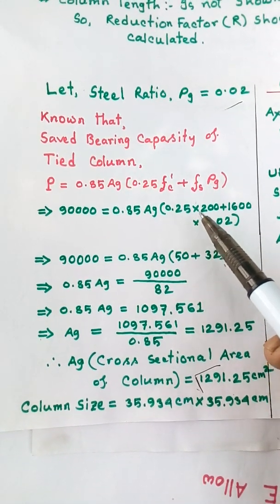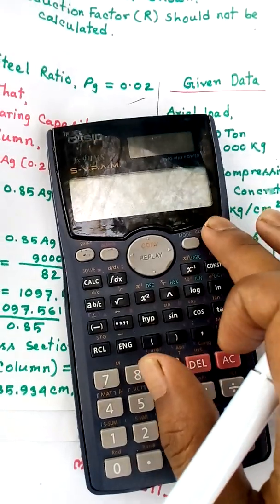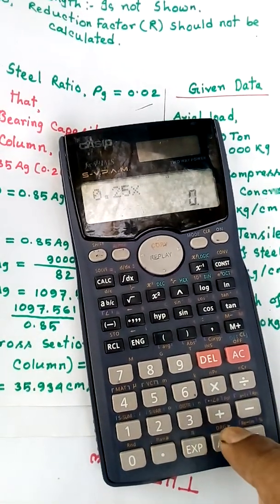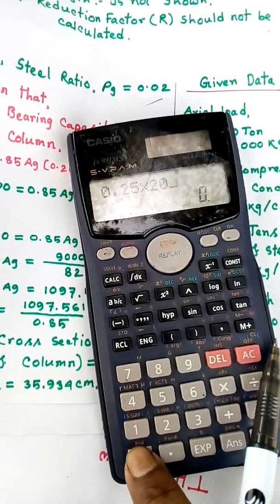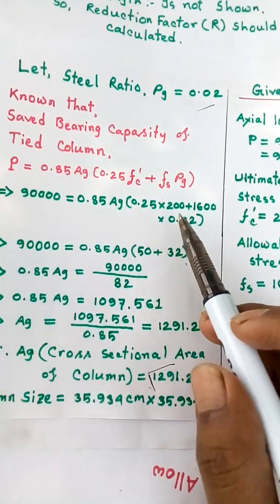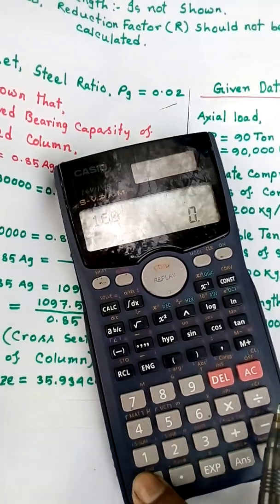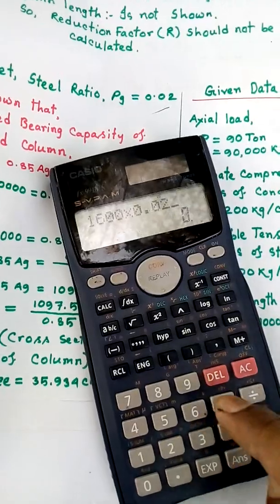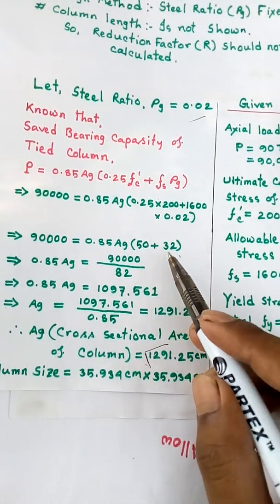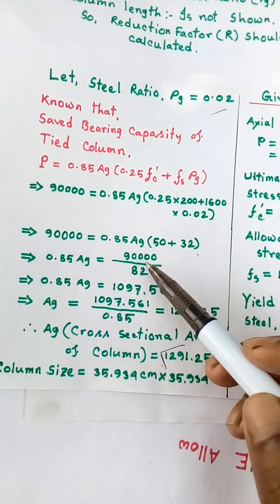After multiplying 0.25 and 200 equal to 50, and 1600 into 0.02 equal to 32, 0.85 Ag equal to 90,000 divided by 82.